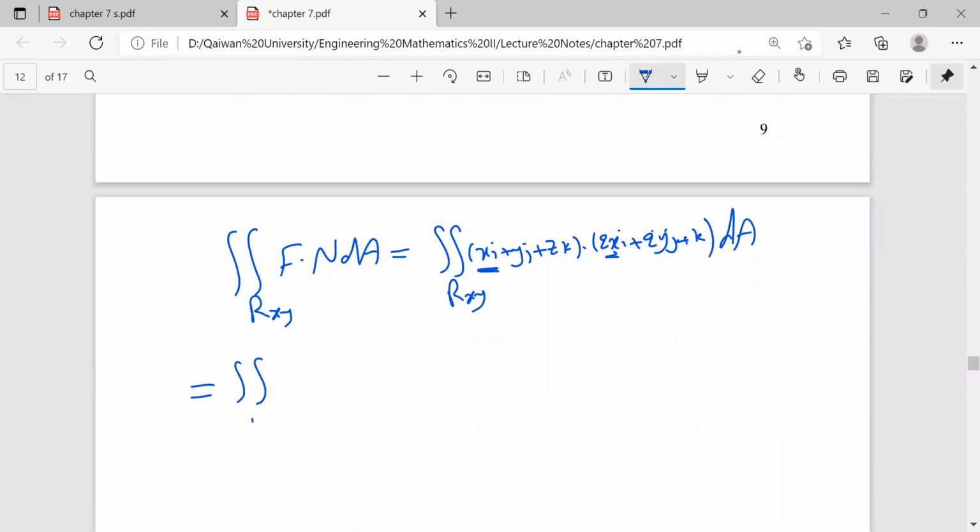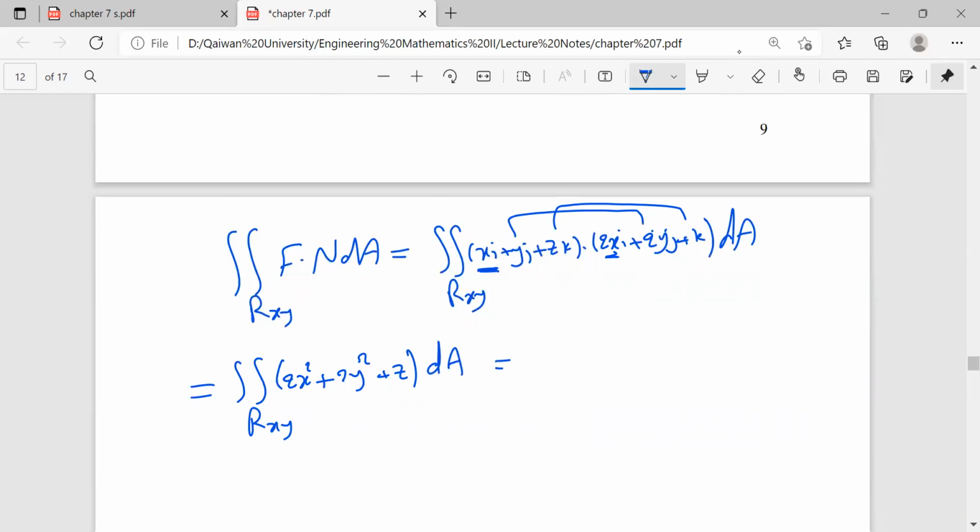It's the double integration over R_xy of 2x squared plus y component to y component, which is 2y squared, then z times k, which is z. And here this is dA.